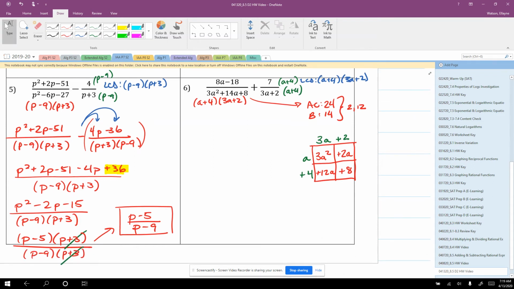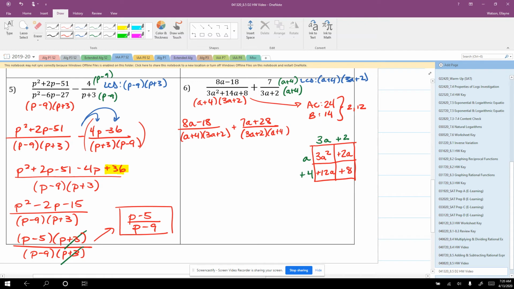Okay, now let me rewrite this down here. First term stays the same because it already had a denominator that was the LCD. Second term, I'm going to distribute the 4 to the 7a, to the a plus 4. I get 7a plus 28 over the LCD.